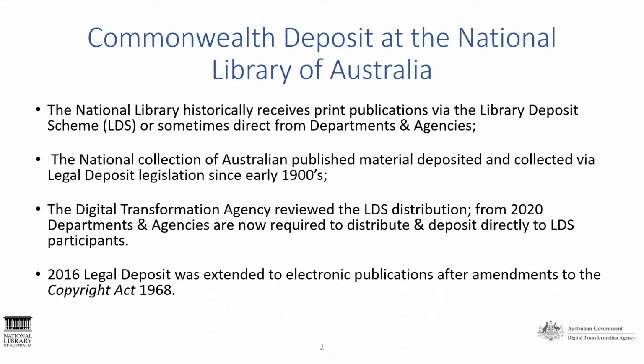The National Library Collection holds hard copy government publications and legislation deposited since the early 1900s. The publication became the responsibility of the individual departments and agencies. Tabling for Parliament and distribution is guided by the Department of Prime Minister and Cabinet tabling guidelines and periodic circulars.